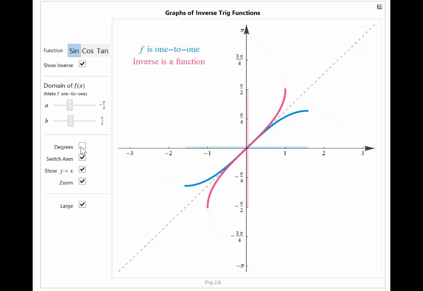Positive pi over 2 is the same as positive 90 degrees. So the output for the sine inverse function would go from negative 90 to positive 90. Negative angles come from quadrant 4, and positive angles come from quadrant 1.